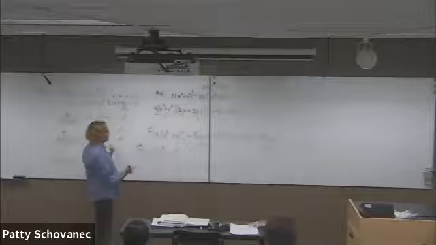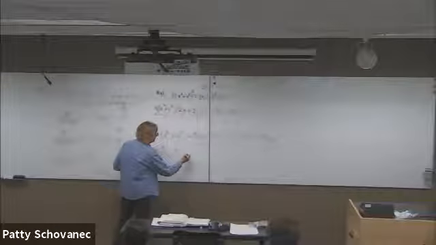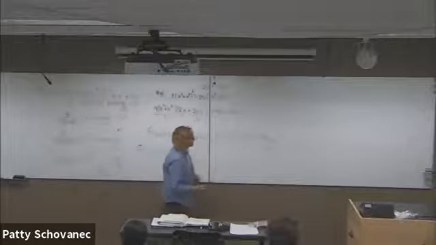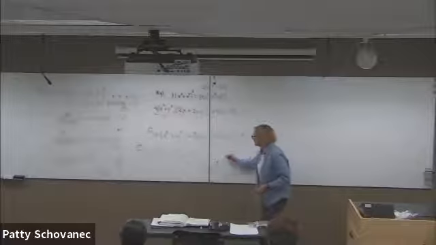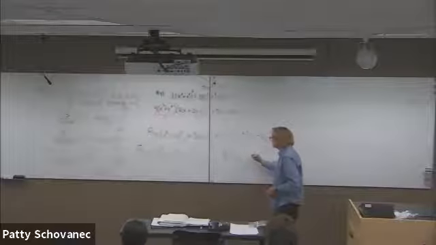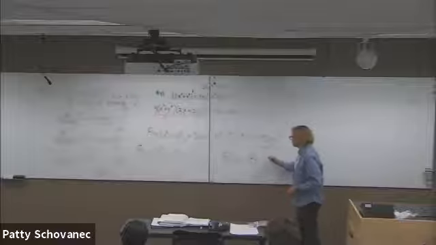And I'm adding 50y y prime, so plus 50y y prime. Over here I have the 50x. And I'm subtracting that first term, so minus 8x times x squared plus y squared.